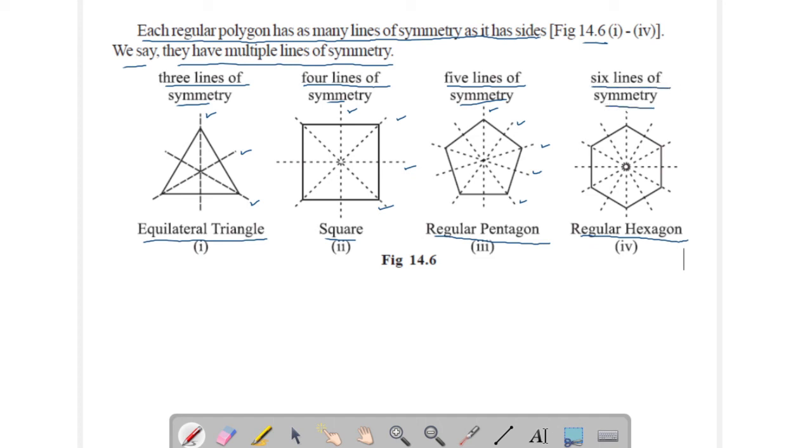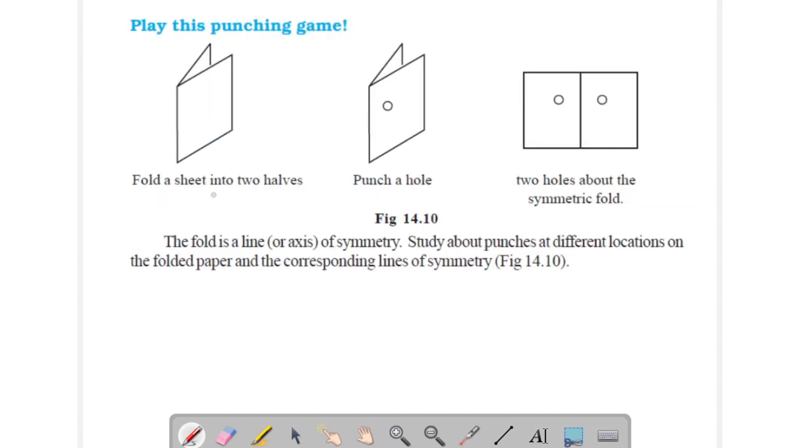That is 1, 2, 3, 4, 5, and 6. So always remember, an equilateral triangle has 3 lines of symmetry. A square has 4 lines of symmetry. A regular pentagon has 5 lines of symmetry. And a regular hexagon has 6 lines of symmetry.